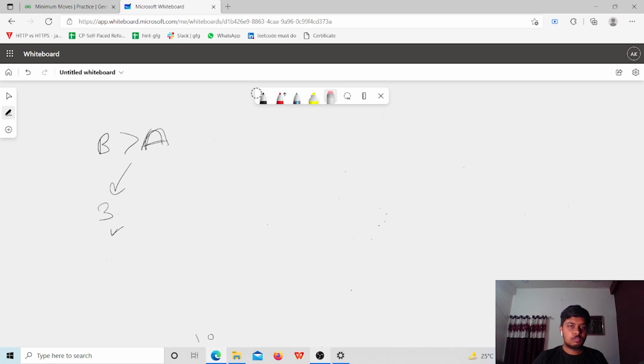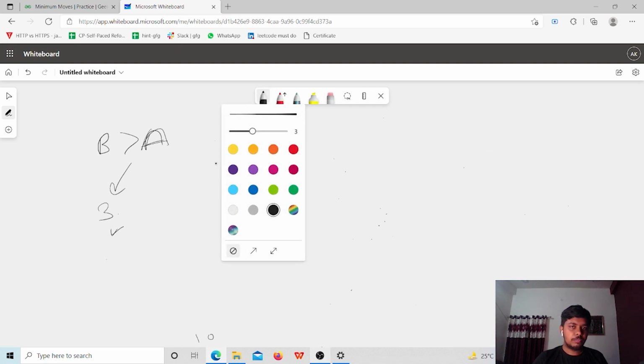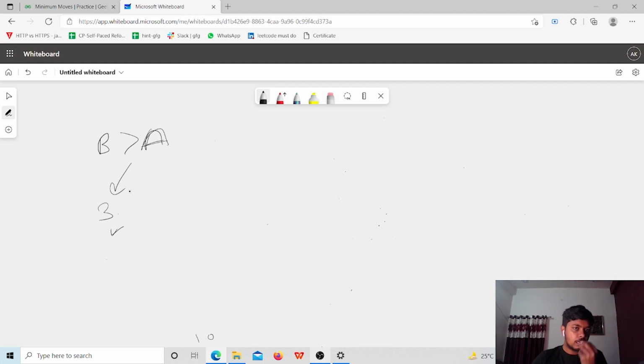So now if our answer is less than 3, then we have to do either two operations or one operation, right? If A OR B is equal to B in this case, then it will only require one operation. How?